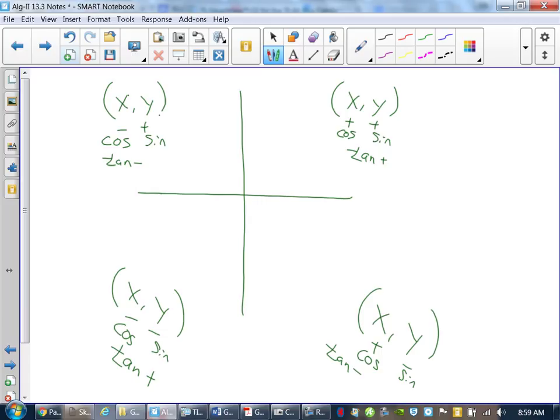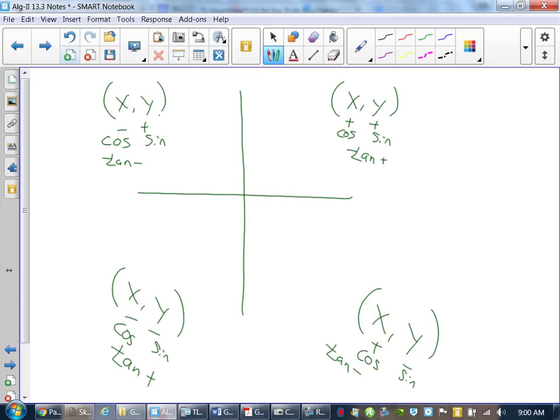The signs for the reciprocal functions match the standard trig functions. So if cosine's positive, secant's positive. If cosecant's negative, sine would be negative, and so on.